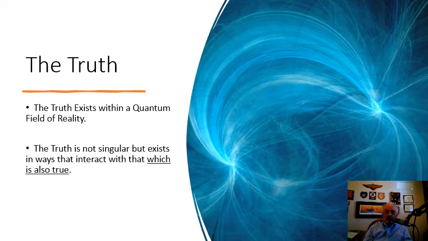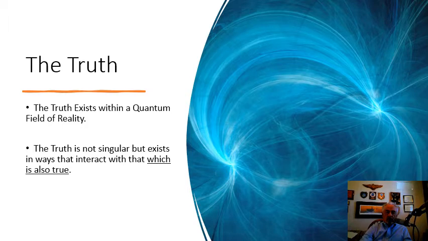One of the things that is going to move us outside the box is by declaring that truth exists within a quantum field of reality. The truth is not singular, but exists in ways that interact with that which is also true.